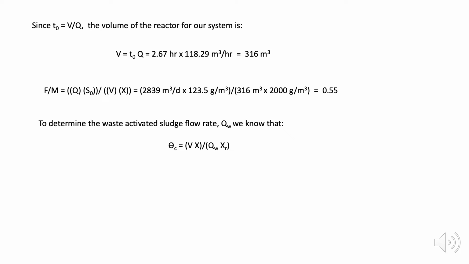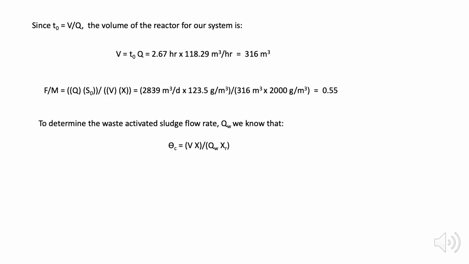So another thing that we want to do is to calculate the waste activated sludge flow rate, and that's Q sub W. To do that, we're going to go back to our definition of the mean cell residence time. And we know the mean cell residence time is the mass of cells in the system divided by the mass of cells that are wasted from the system each day. The mass of cells in the system is just the volume multiplied by the concentration. And the mass of cells that are wasted are just that waste flow rate, Q sub W, times the concentration in the waste.